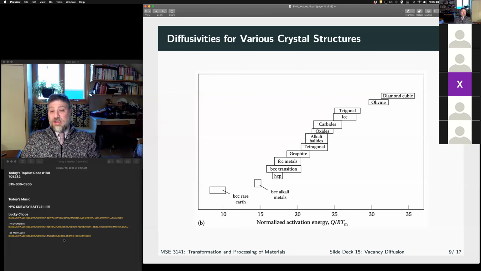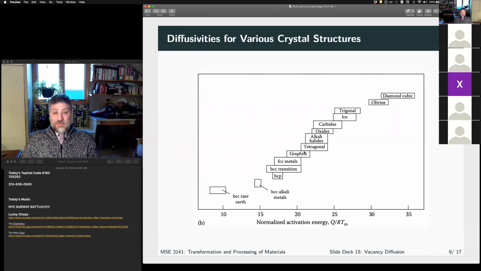The layers aren't connected, right? So we have essentially van der Waals forces holding the individual layers of the graphite structure together, versus strong tetragonal sp3 covalent bonds.